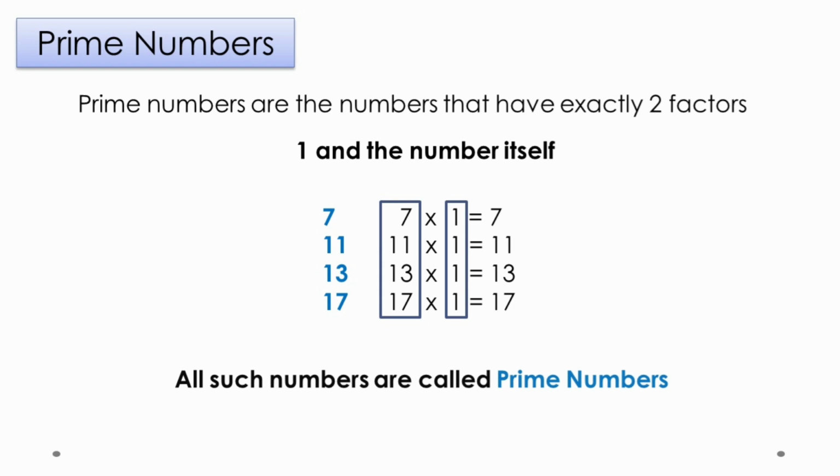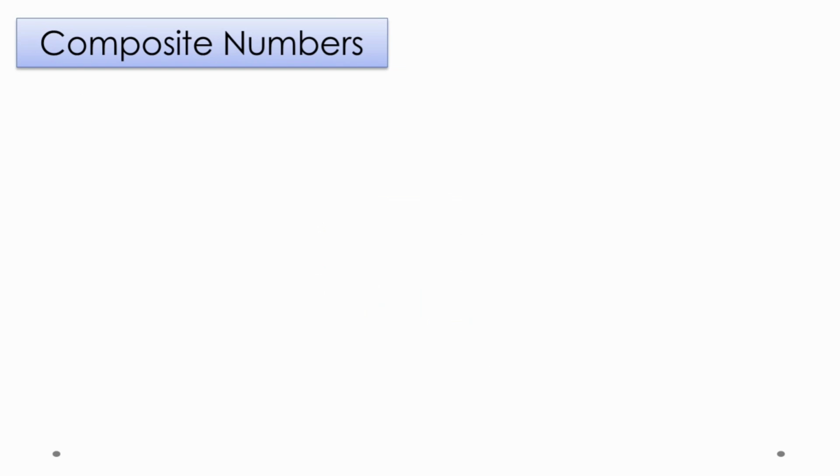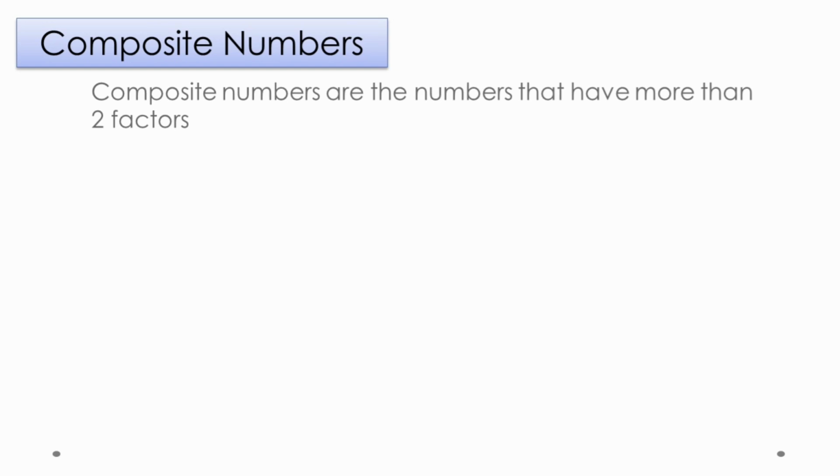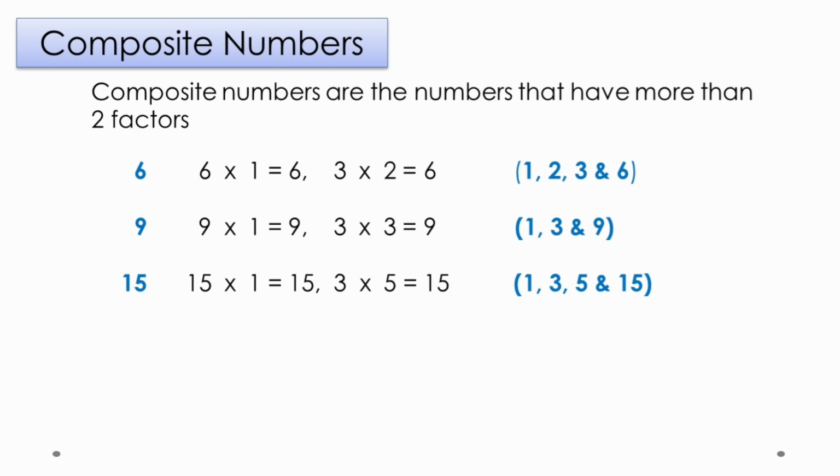Now let's talk about composite numbers. Composite numbers are the numbers that have more than two factors. Let's look at a few numbers like 6, 9 and 15. Factors of 6 are 1, 2, 3 and 6. Factors of 9 are 1, 3 and 9. Factors of 15 are 1, 3, 5 and 15.